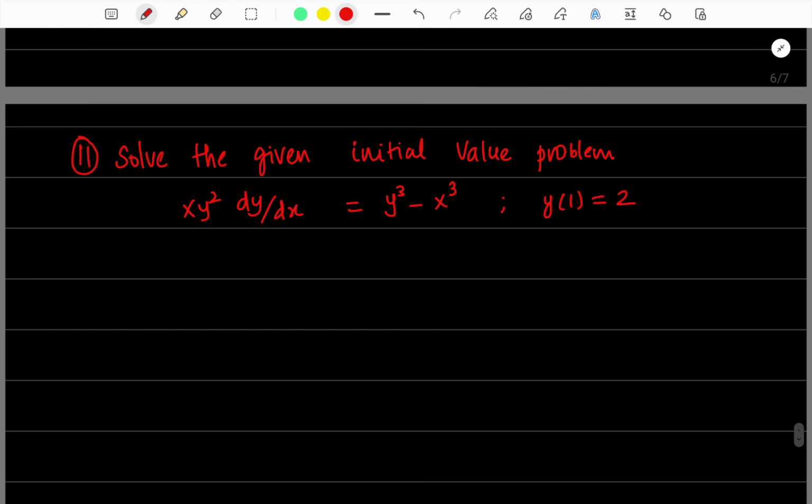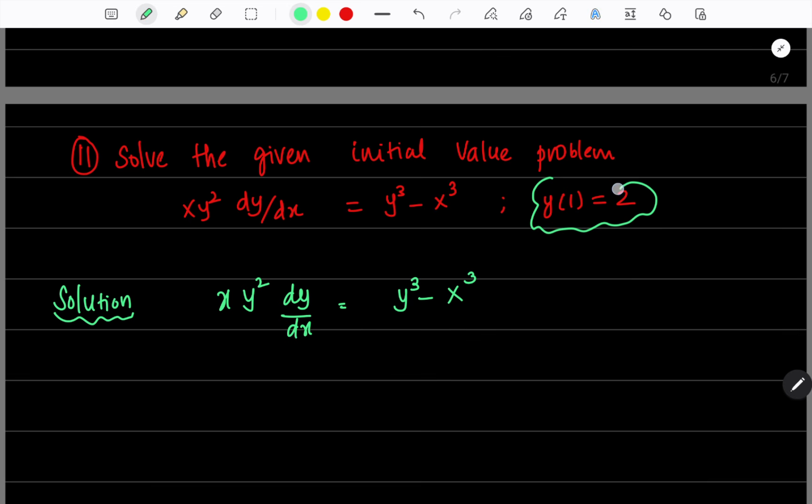Solve the given initial value problem xy square. Let's go to the solution, right? This is xy square dy by dx is equal to y cube minus x cube. And they said initial value problem. It means what? There is a condition given and you have to find the value of what?